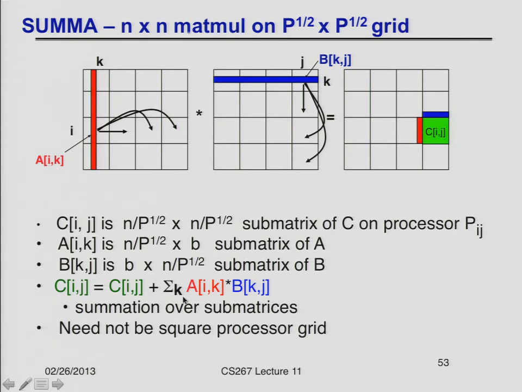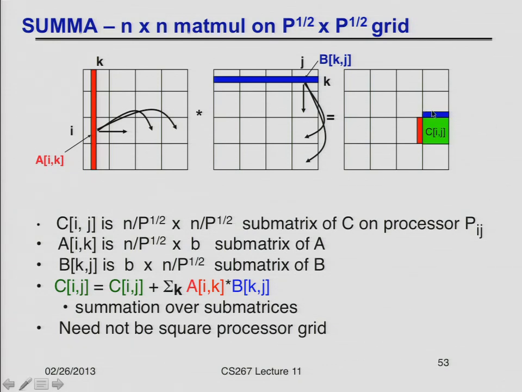And I'm going to do that for all of these blocks K. If the block width is b, there are going to be n over b of these block columns. So I'm going to have a loop over K going from 1 to n over b and do all of these red times blue multiplications. Okay, so that's all there is to the algorithm.